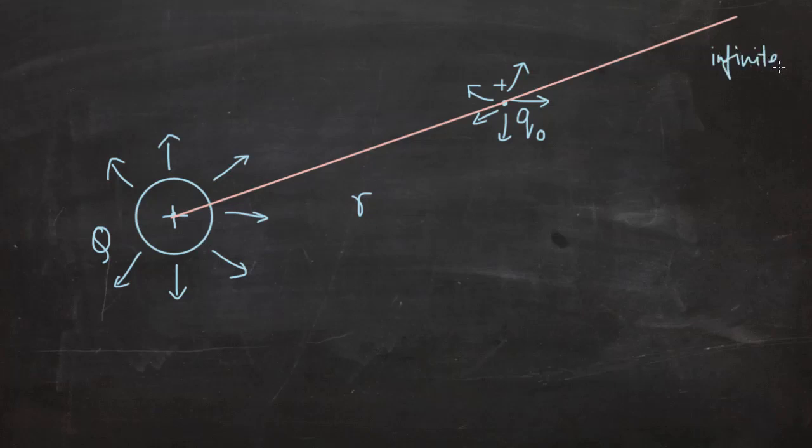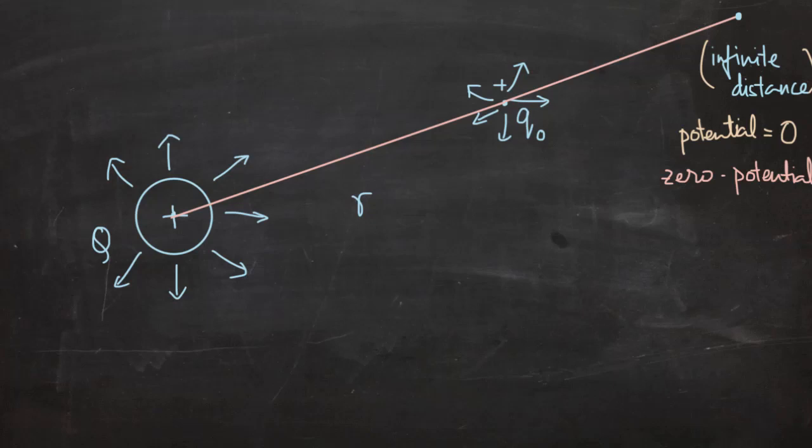The potential at this point, which is at infinite distance from my fixed charge capital Q, is considered to be zero. Why? Because the electric field basically dies out before it could reach this point. So the potential at infinite distance is considered to be zero, or also called the zero potential.